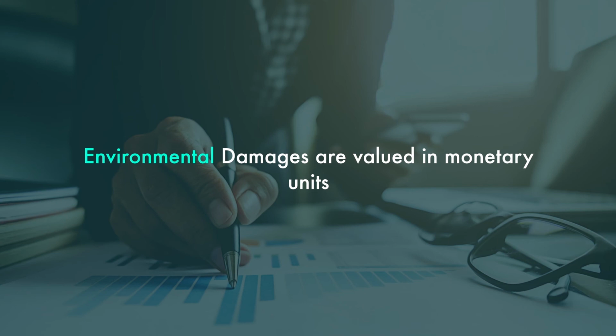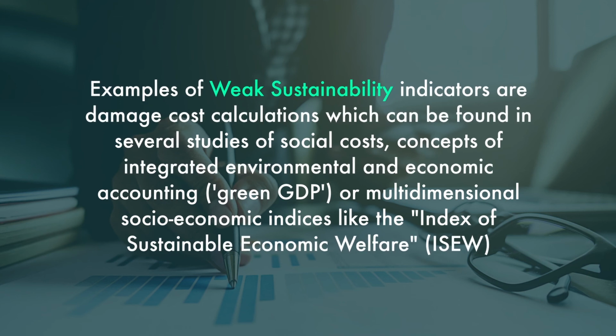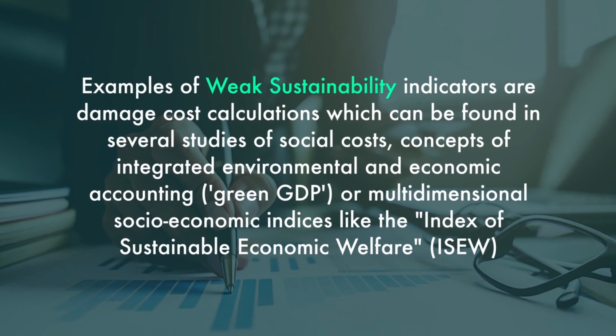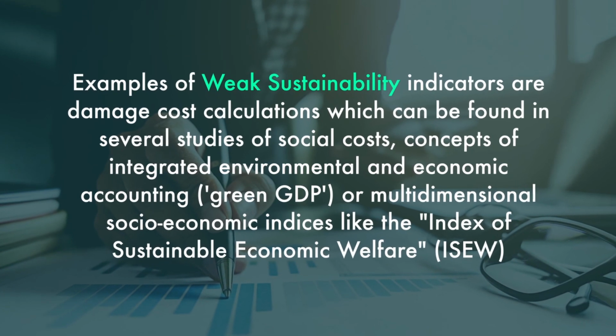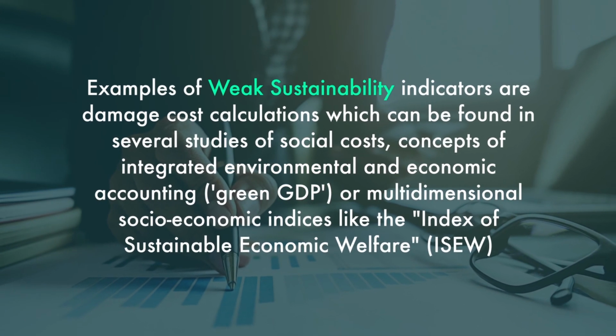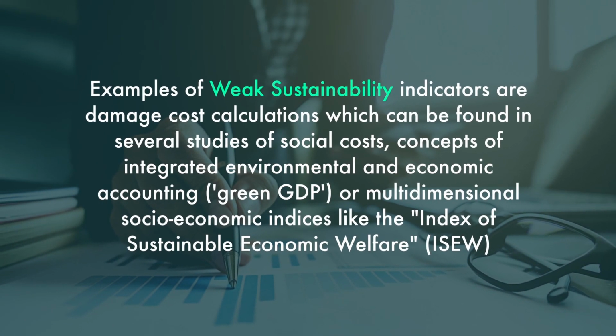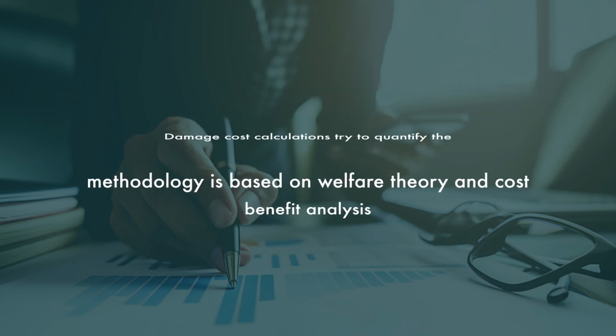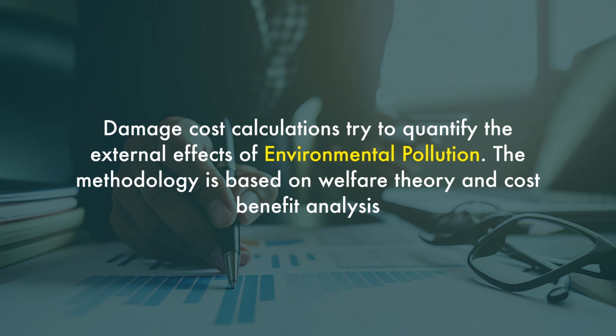Examples of weak sustainability indicators are damage cost calculations, which can be found in several studies of social cost, concepts of integrated environmental economic accounting like green GDP, or multi-dimensional socioeconomic indices like the Index of Sustainable Economic Welfare, and damage cost calculations that try to quantify the external effects of environmental pollution.